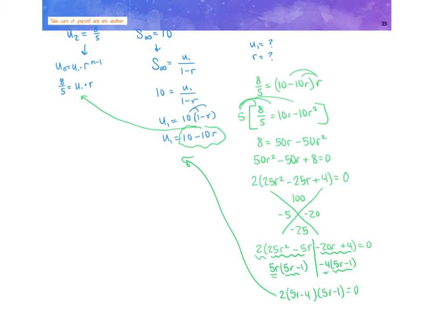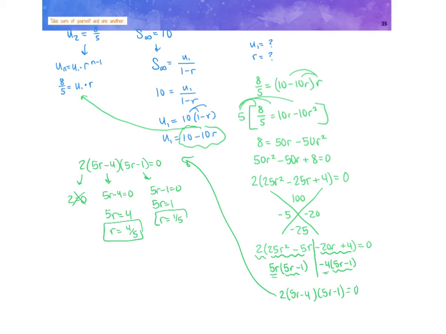So now we have 2 times 5r minus 4 times 5r minus 1 equals 0. I'm going to set each factor equal to 0. 5r equals 4, r equals 4/5. And then 5r equals 1, r equals 1/5.